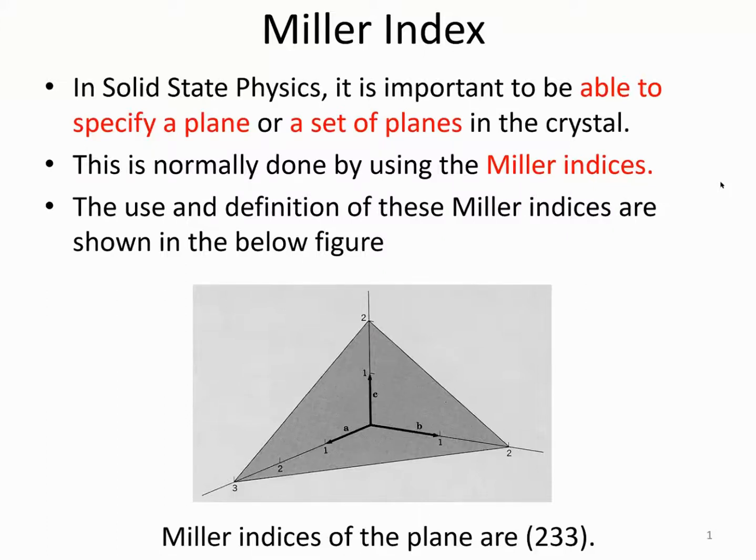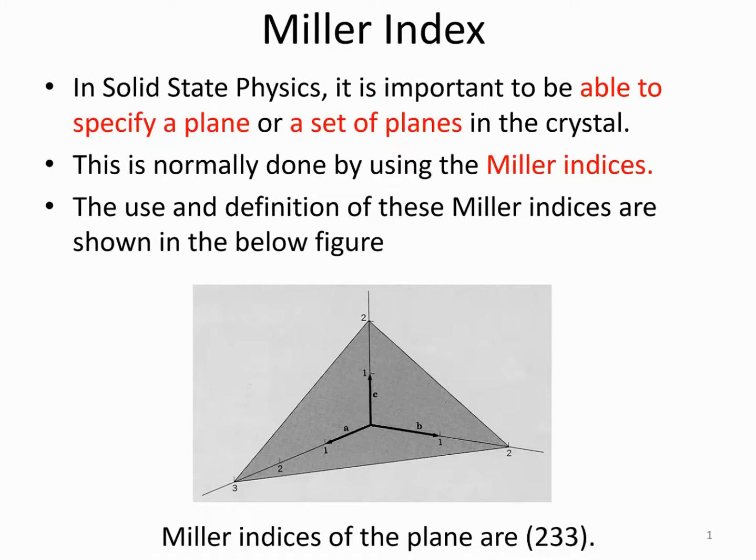Alright, so we are now in chapter 3. This chapter 3 is about the Miller index. So why do we need to study the Miller index? Because later on in chapters 4 and 5, we'll go through X-ray crystallography. X-ray crystallography involves the diffraction pattern.